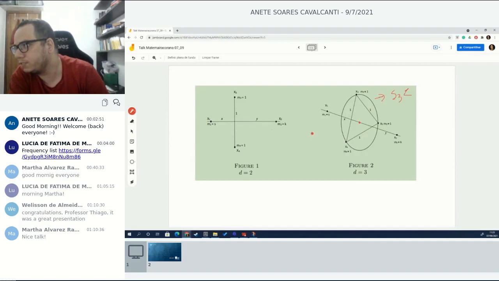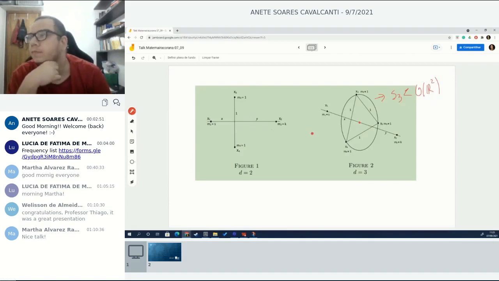We see S3 as a subgroup of the orthogonal group of R2. Okay. And this subset is invariant by Z2. We see Z2 as a subgroup of the orthogonal group of R1.